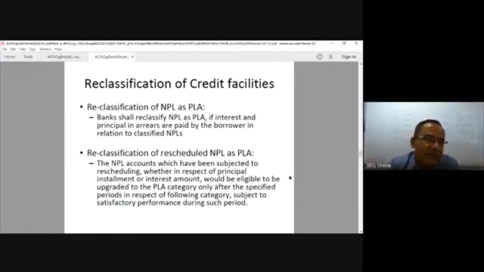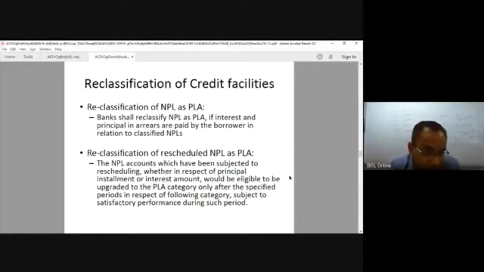There are many categories. For some of the categories, a tenor amendment was done, like you extend it by 3 months or by 6 months. So the repayment period was also extended.